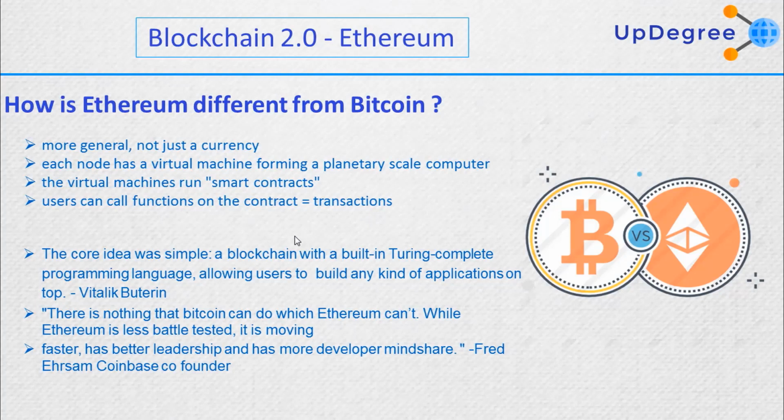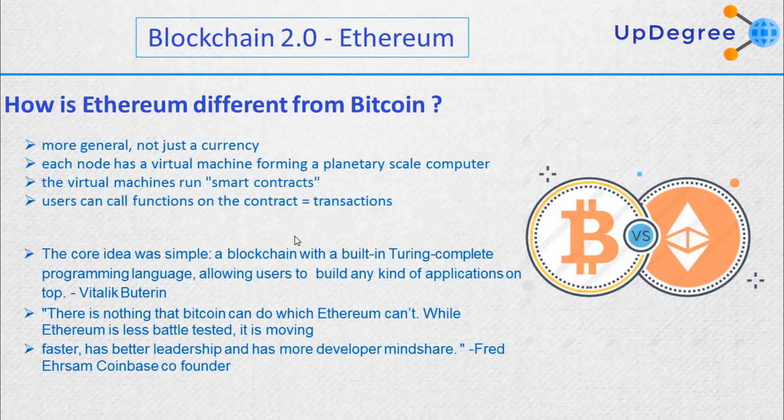How is Ethereum different from Bitcoin? Ethereum is more general. It's not just a currency. Each node has a virtual machine, forming a planetary scale computer. Unlike Bitcoin, where you require mining machines, here you have a virtual machine, which is more cost effective, and it forms something like high performance computing. Virtual machines can run smart contracts, and users can call functions on the contract as a transaction.